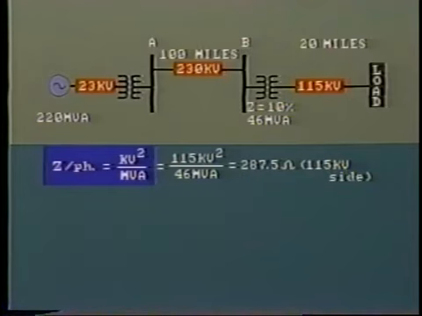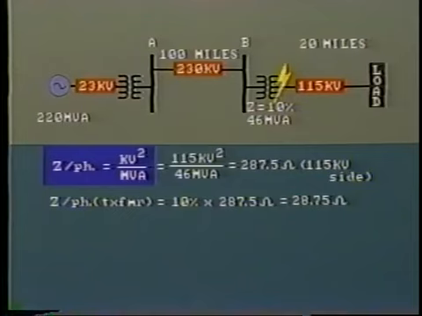The nameplate informs us that the short circuit internal impedance of the transformer is 10% of the rated circuit impedance. So if a three-phase fault occurs at the transformer terminals, the impedance will fall to 10% of that 287.5, that is 28.75 ohms. This is the internal impedance per phase of the transformer.